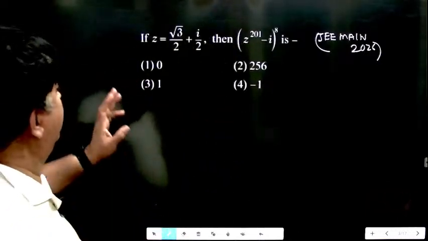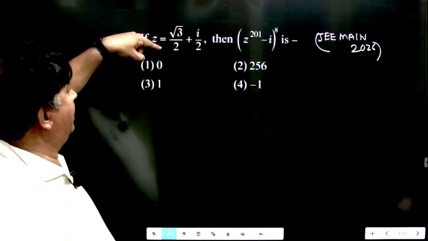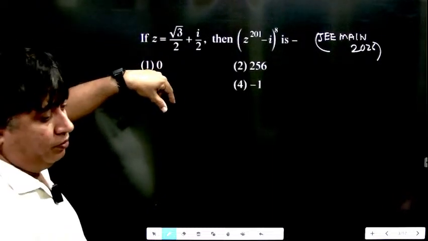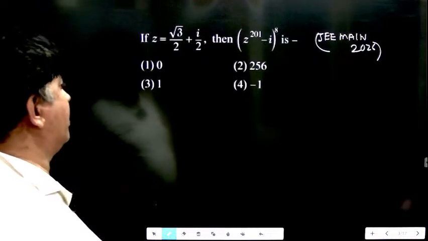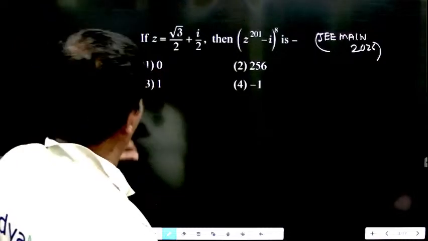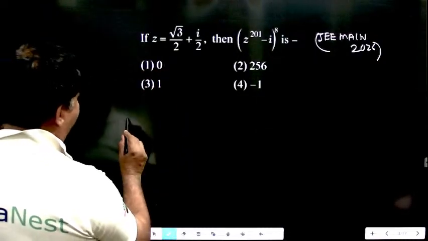Yes, sir. Gone through. So this is a complex number which is given in Cartesian form, but we can convert it into polar form or Euler's form. First, we will convert it into polar form.